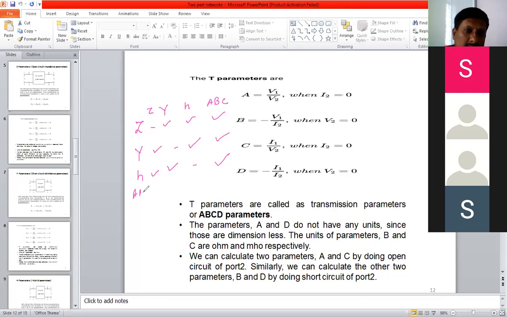Next ABCD in terms of Z, ABCD in terms of Y, ABCD in terms of H. So how many relations in total: 1, 2, 3, 4, 5, 6, 7, 8, 9, 10, 11, 12. There will be 12 relations, 12 derivations, out of which we are going to consider only 3 to 4. These 3 to 4 derivations we can discuss in the next lecture, so that we can complete half of unit 3. If there are any questions or doubts, you can ask, otherwise we can stop here.